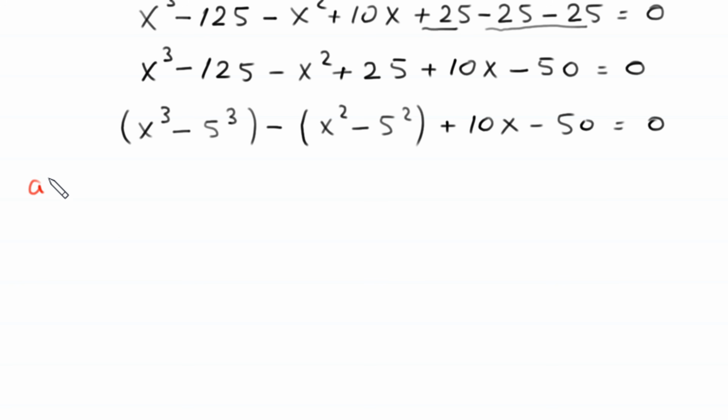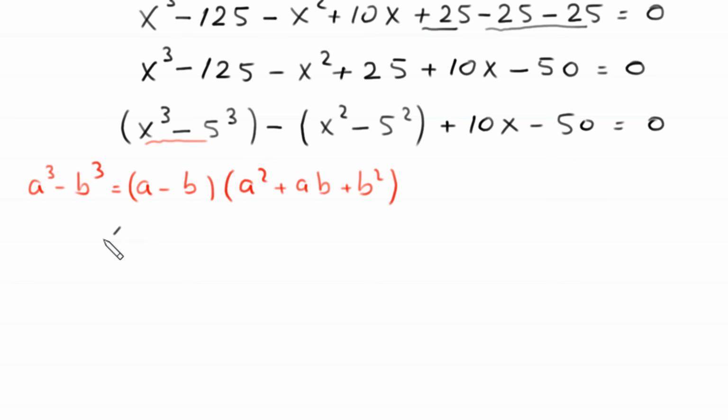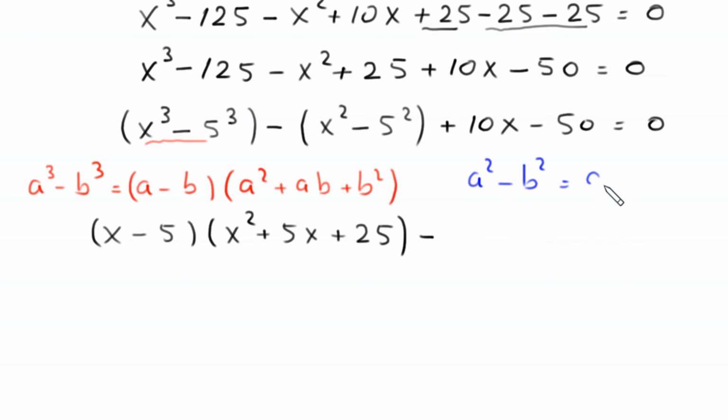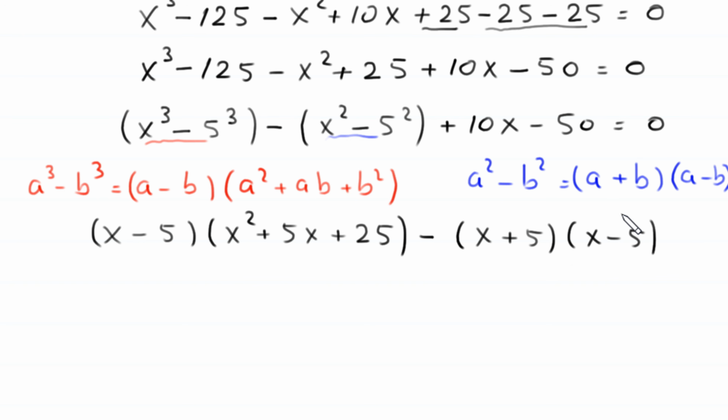By using this algebraic identity, a cubed minus b cubed equal to a minus b times a squared plus a times b plus b squared, this x cubed minus 5 cubed will become x minus 5 times x squared plus 5 times x plus 25 minus, by using this algebraic identity, a squared minus b squared equal to a plus b times a minus b, this x squared minus 5 squared will become x plus 5 times x minus 5, and from these two terms we can factor out plus 10. In bracket left, x minus 5 equal to 0.